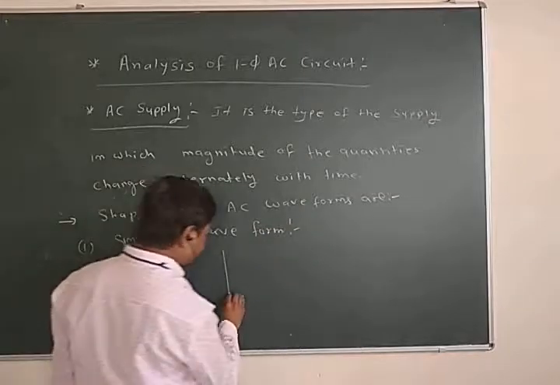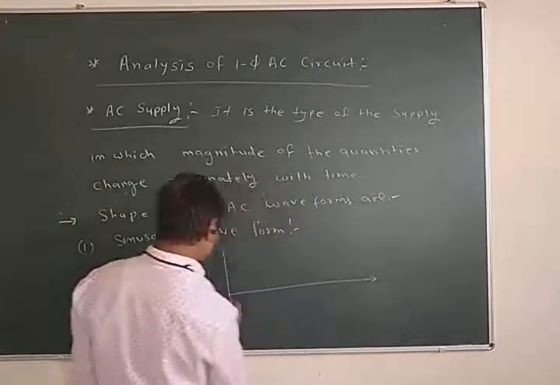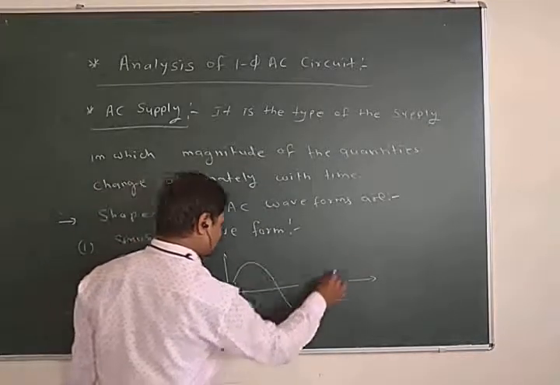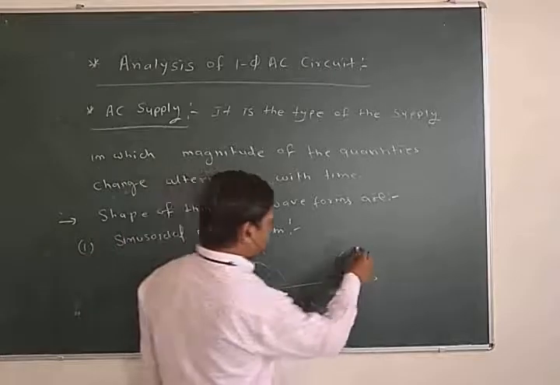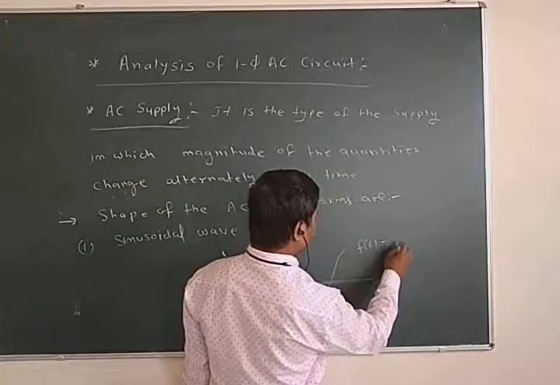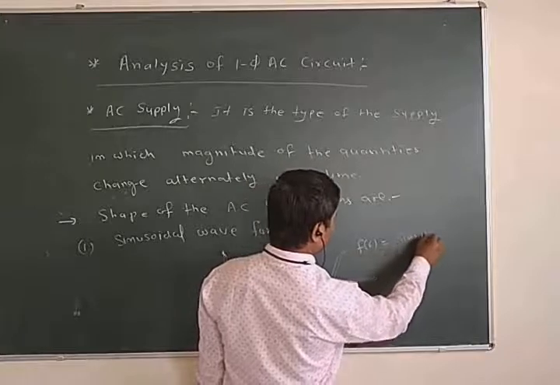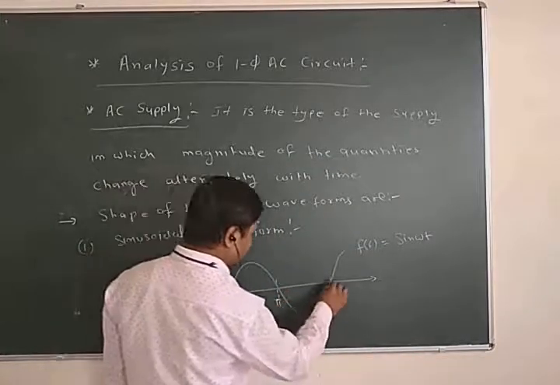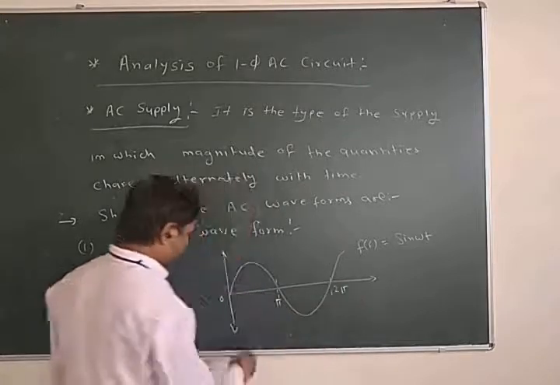The wave shape is in this way, and its function is f(t) equal to sine of omega t, by 2 pi.